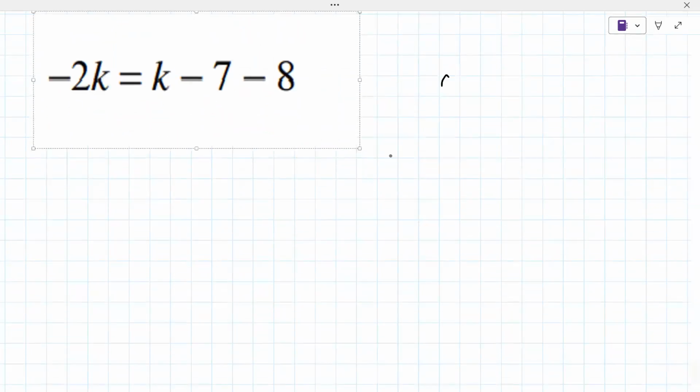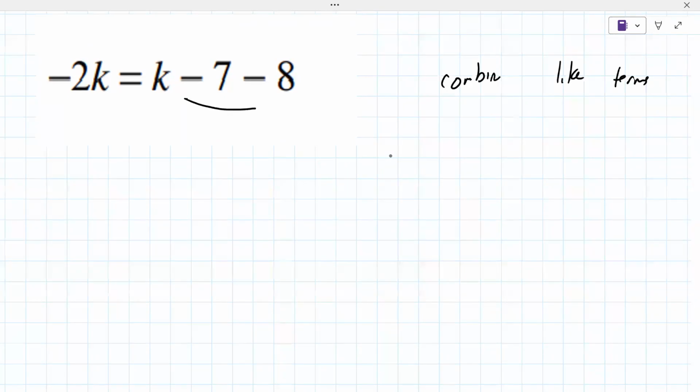Okay, so sometimes when you combine like terms, the like terms are numbers. This is minus 7, minus 8. So what is minus 7, minus 8?